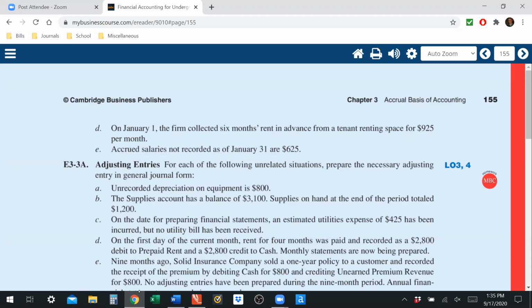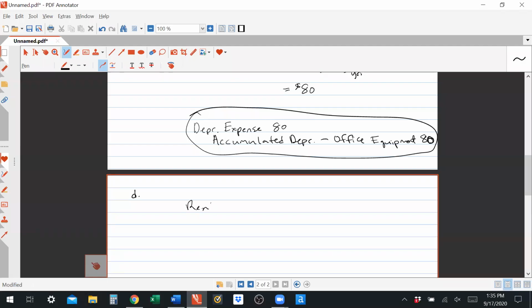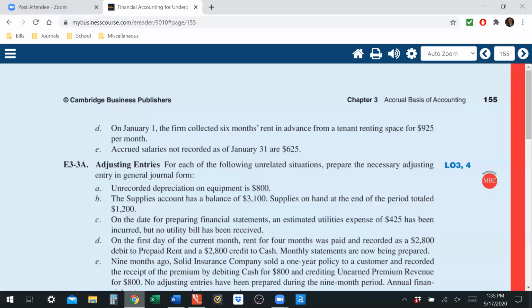We're providing the client the right to occupy that space. So we've done that. And so we've earned $925 of rent revenue. So we would credit rent revenue. How do we make rent revenue go up? We credit it. And we would debit unearned rent revenue.